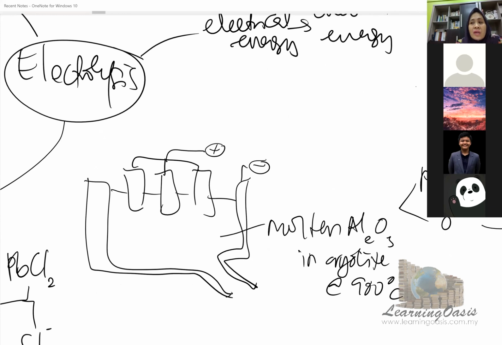Molten magnesium oxide, we get magnesium metal and oxygen gas. Right. If I give you molten silver chloride, you get a deposit of silver and chlorine gas. Right. Okay. Now tell me, what is electrolysis?